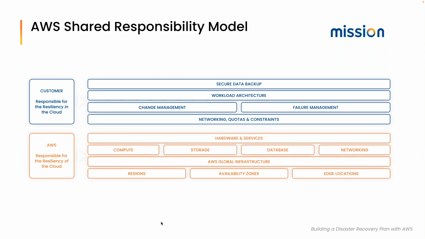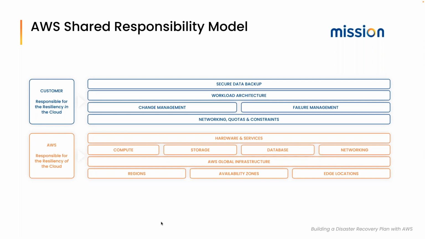Deploying your workload across multiple AZs in a region is part of a high availability strategy designed to protect workloads by isolating issues to one AZ and using the redundancy of the other AZs to continue serving requests. So a multi-AZ architecture is also part of a DR strategy designed to make workloads better isolated and protected from issues such as power outages, lightning strikes, and others that I mentioned.